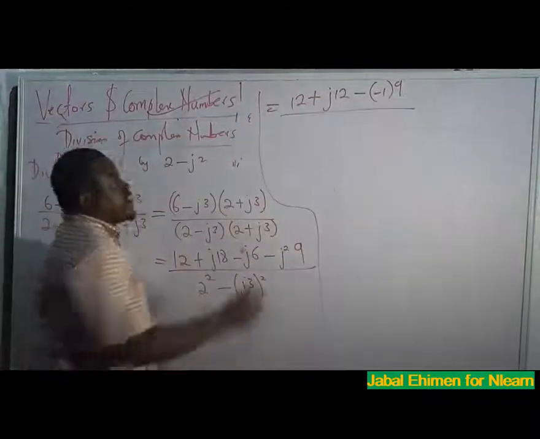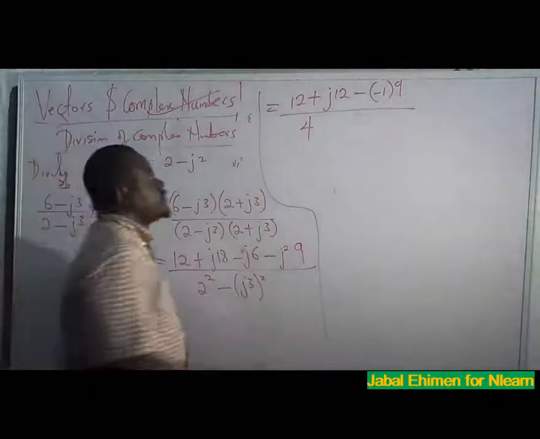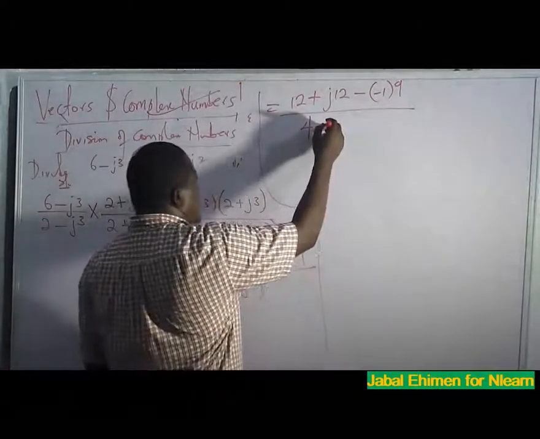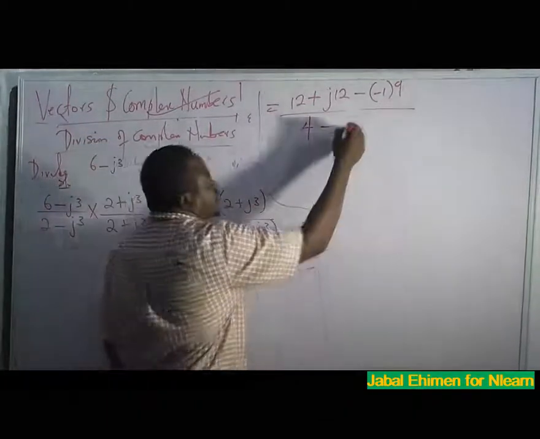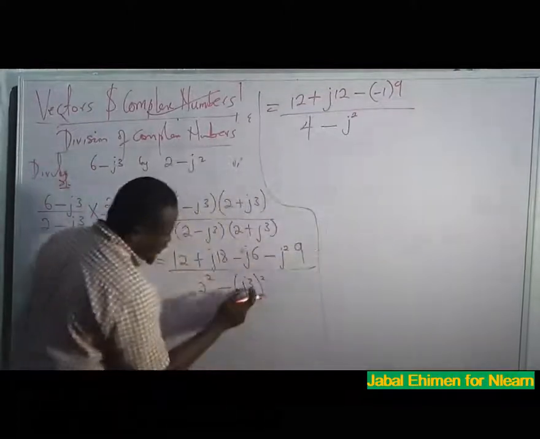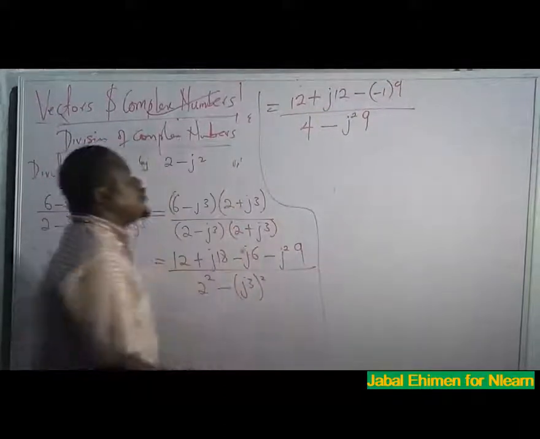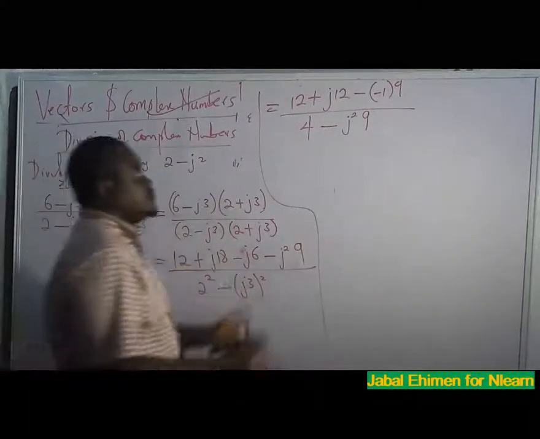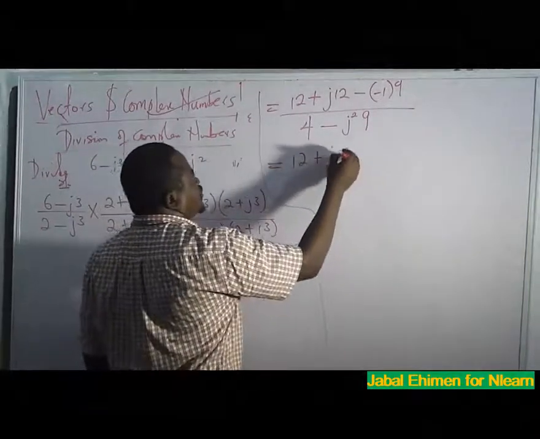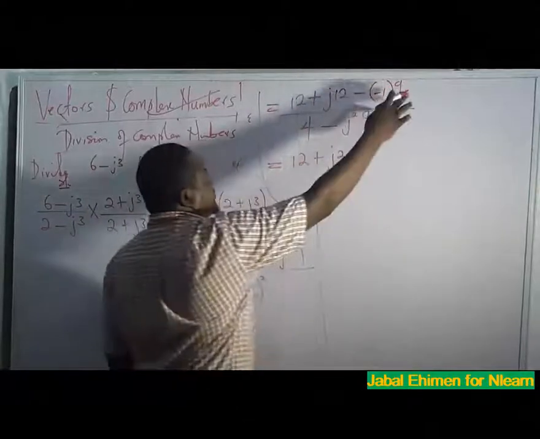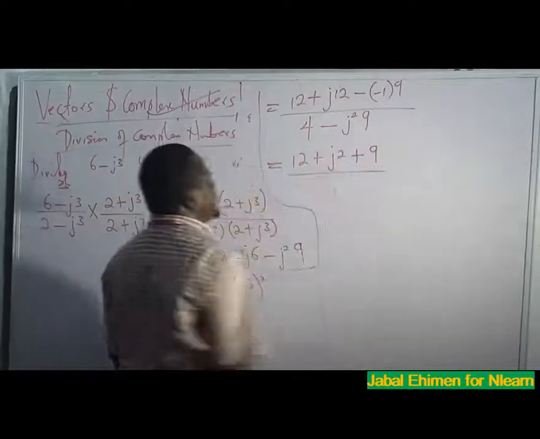Divided by, down here, I have 4, minus j squared times 9, since the j is squared and the 3 is squared, that will be 9. So I can boldly say it's settled: 12 plus j12, and the j squared term becomes plus 9.